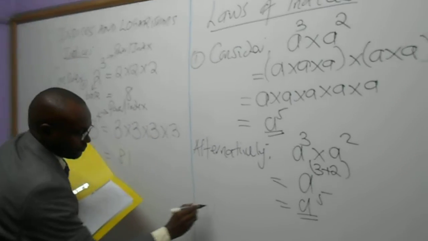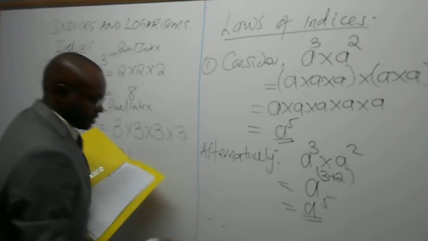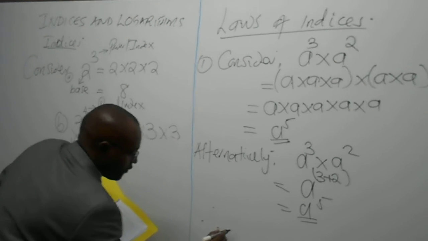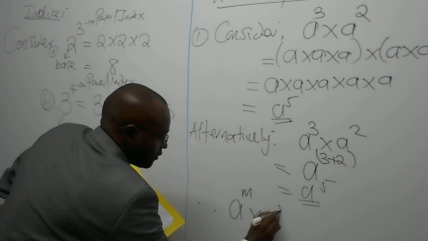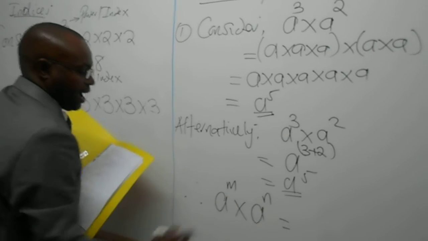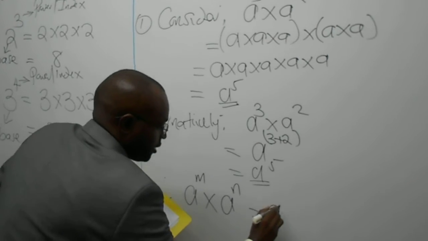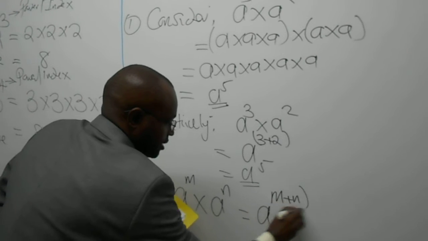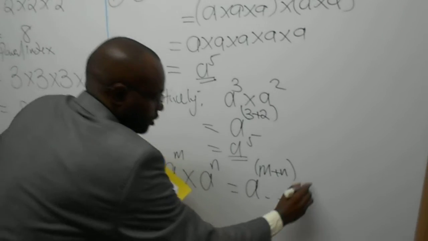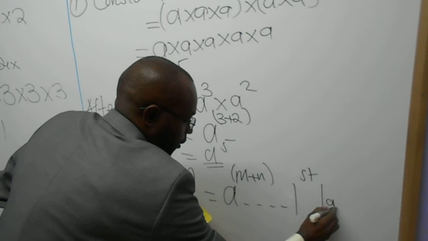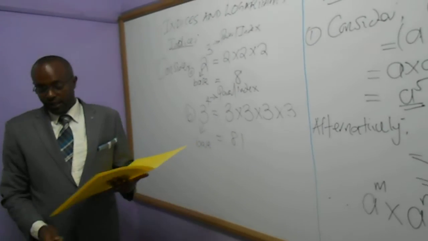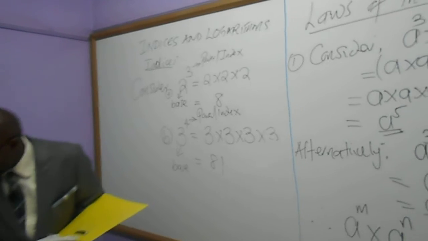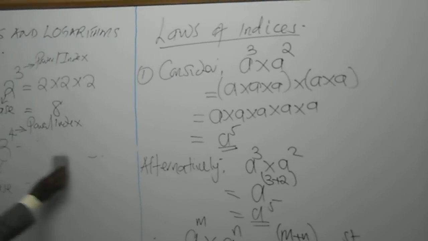Therefore, we conclude and say, if you are given a raised to m times a raised to n, then add the powers and you shall have a to the m plus n. This one, we refer to as our first law of indices. And later on, we're going to see how that one will help us in solving certain problems.